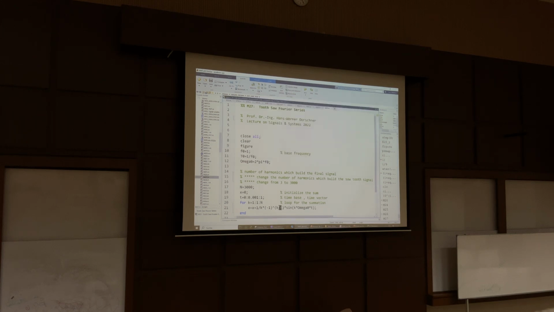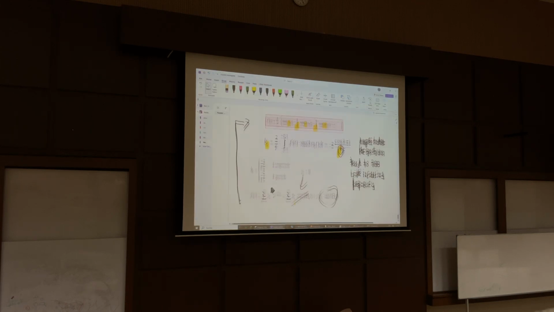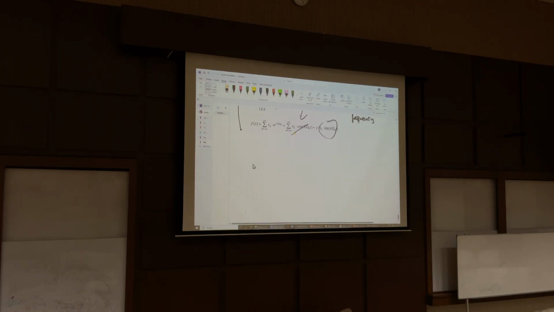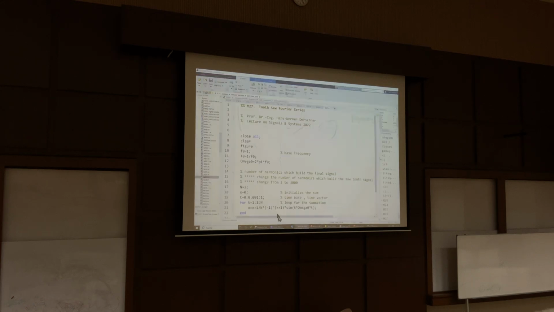And you see now, let's start again with 1 base frequency, and you get something like this here. That's the sinus. F0 is 1. So 1 frequency, nothing special. K is 1. Then I go for K, let us see, 3 for example.